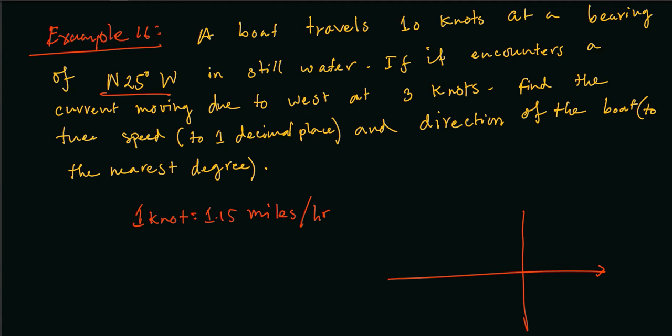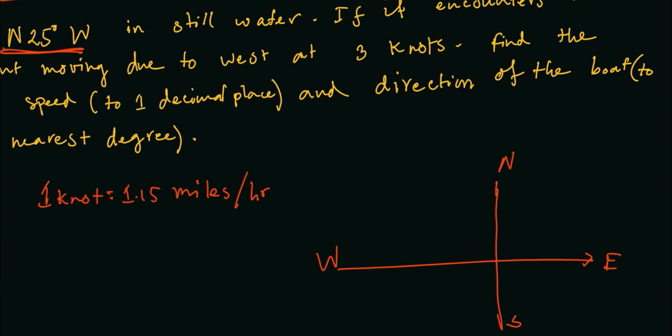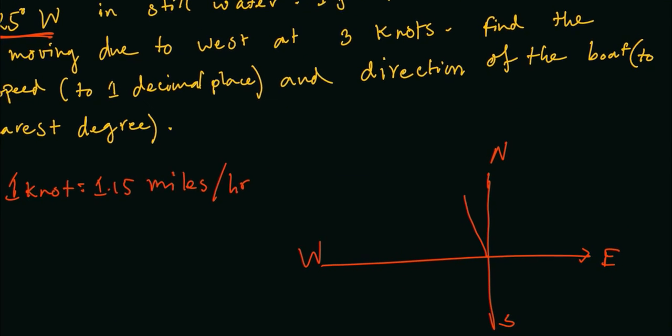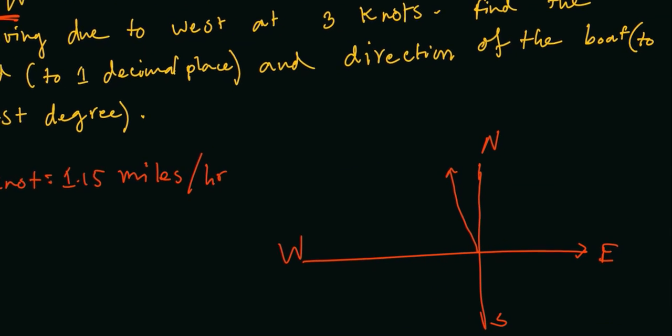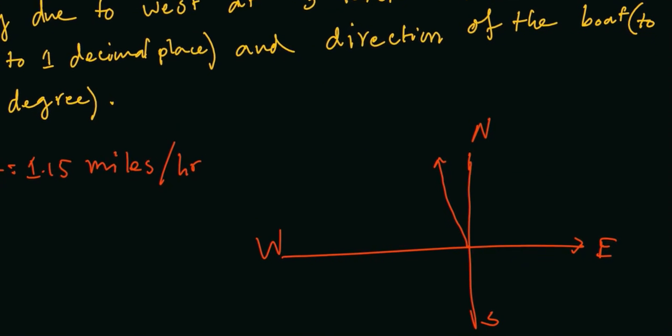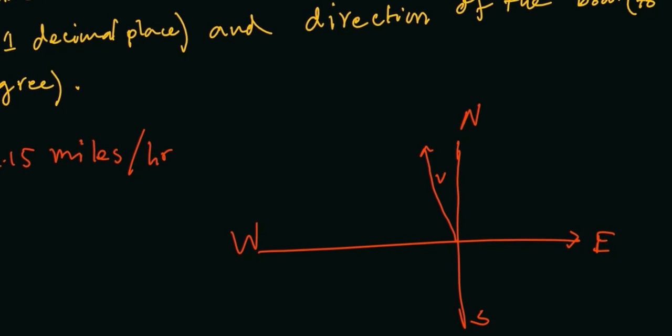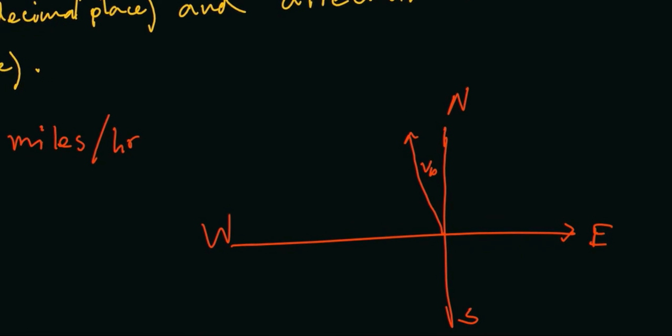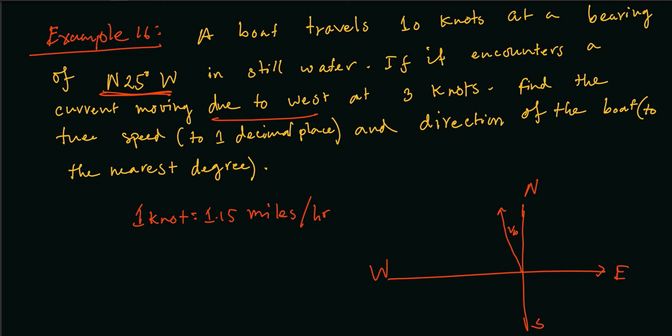Let's say this is the north side, this is east, south and west. So the boat is running in this bearing. That means the boat is running in this direction. It's in still water. We define this as V subscript B, B stands for boat.